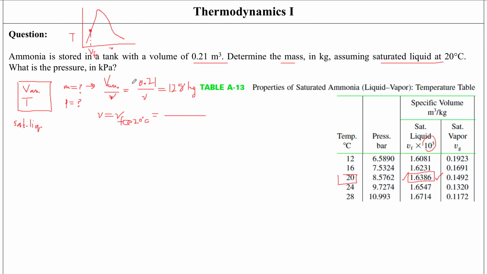And I need to find the pressure as well. So at 20 degrees, the pressure is 8.5762. So the pressure is going to be equal to the saturated pressure at 20 degrees, which is equal to this value, 8.5762 bars, and I just have to multiply it by 100 to get it in kilopascals, because that is what I'm being asked here.